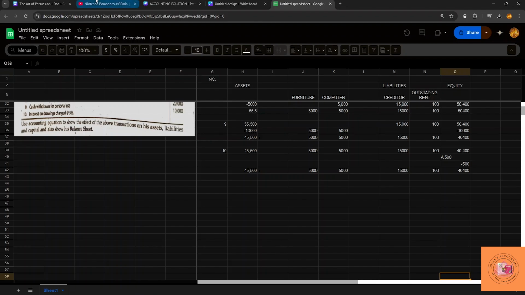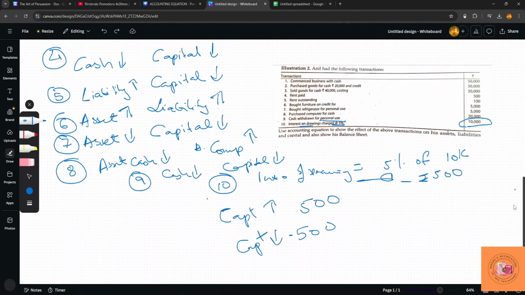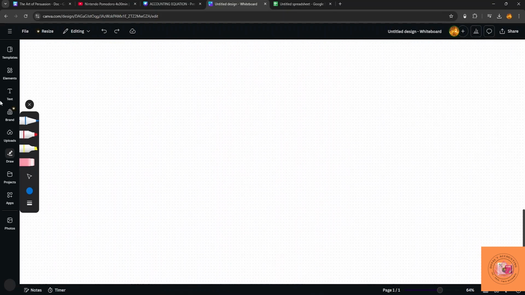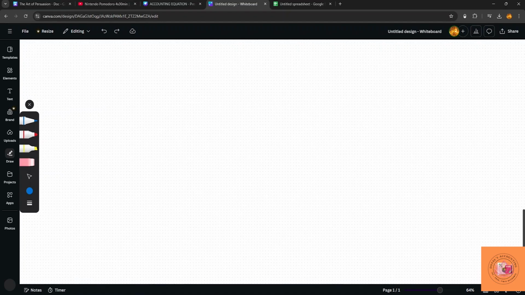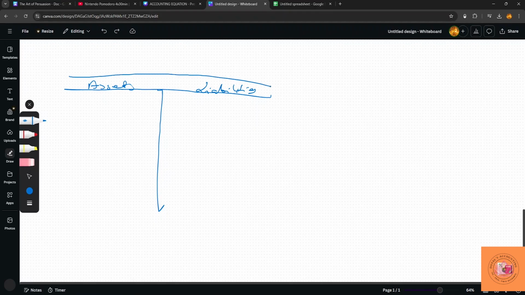Usually, a balance sheet is mostly created in this format, where you have assets on your left side and liabilities on your right. And in this statement, you will show a list of all the balances.